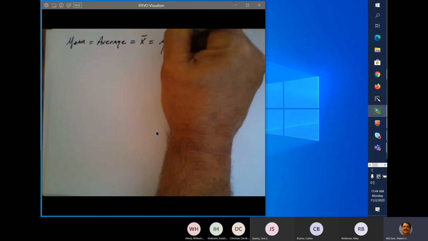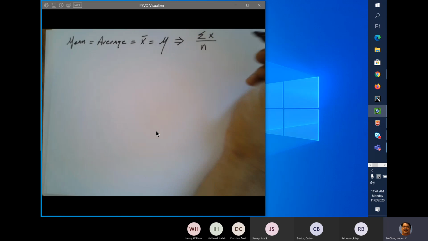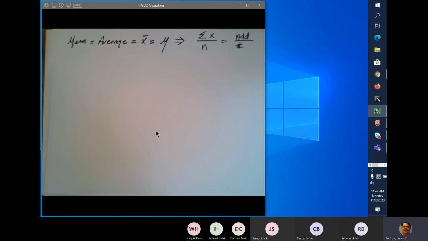And that's equal to the summation of X over N. You add up all the numbers and then divide by the number of items that you added up. And y'all have all done this with your grades in high school and college and test grades. You add them all up and divide by how many tests you've had. So that's how you find the mean. Think of test grades, average of your test grades. That's what you're doing.